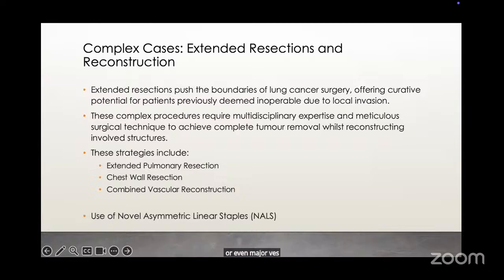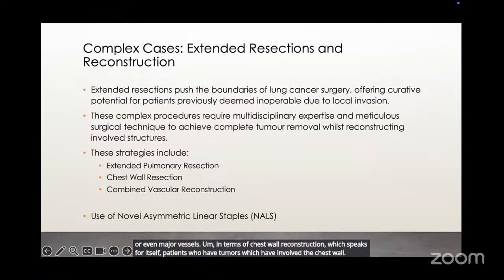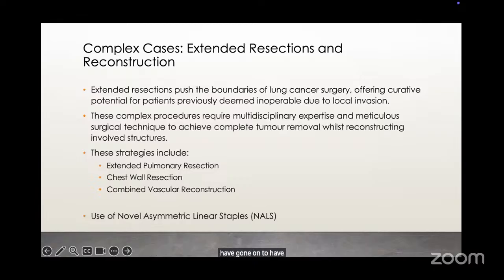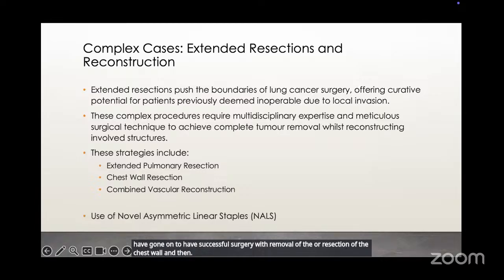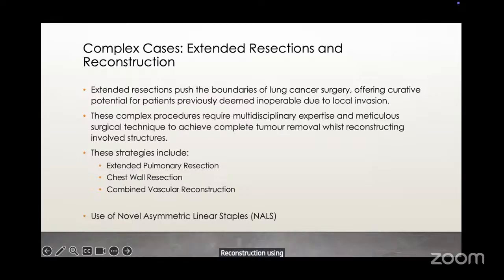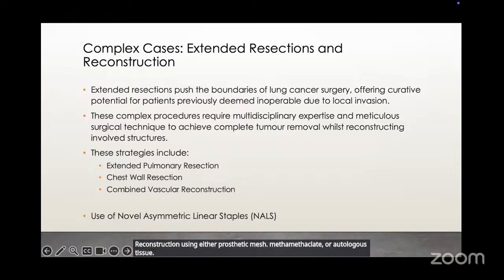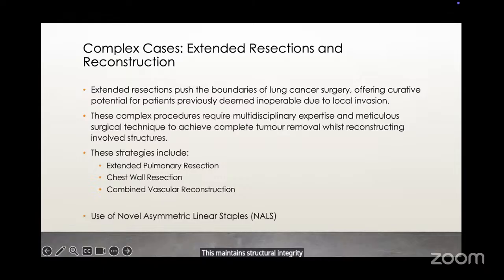vessels. In terms of chest wall reconstruction, which speaks for itself, patients who have tumors which have involved the chest wall have gone on to have successful surgery with resection of the chest wall, and then reconstruction using either prosthetic mesh, methyl methacrylate, or autologous tissue. This maintains the structural integrity and protects the underlying organs.